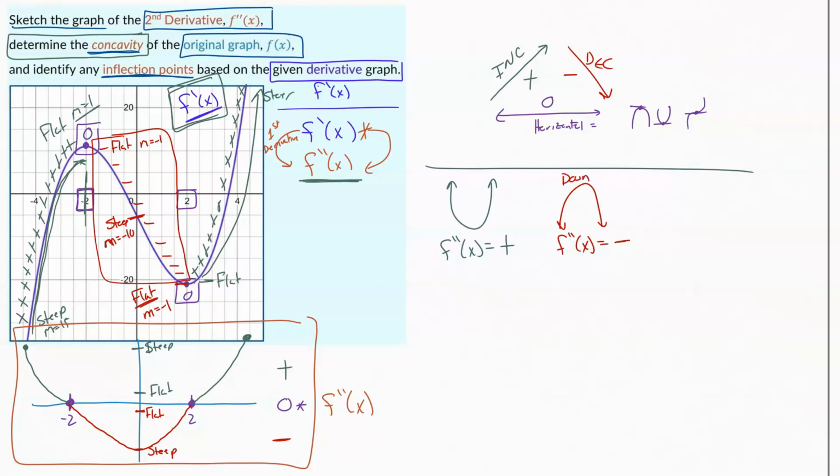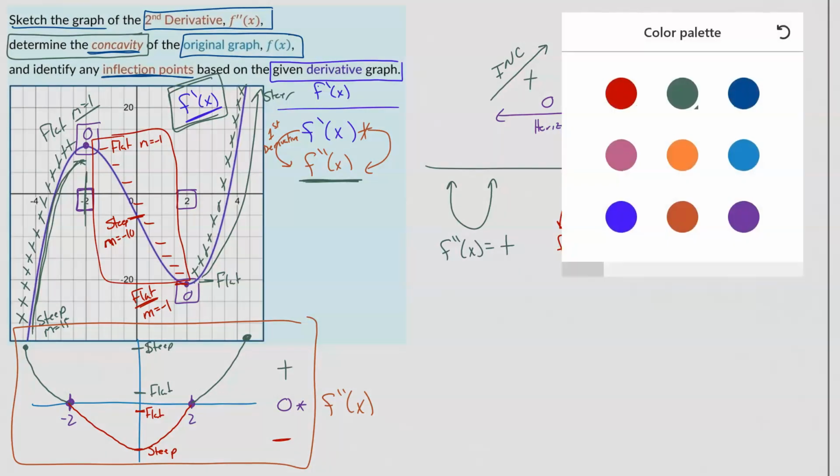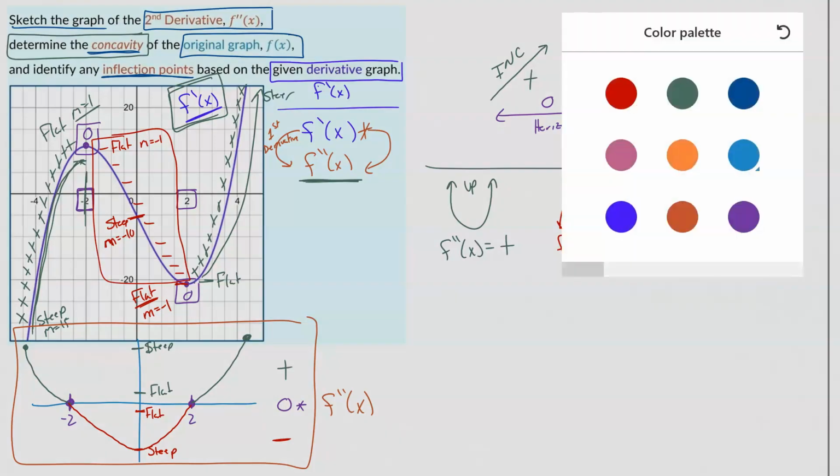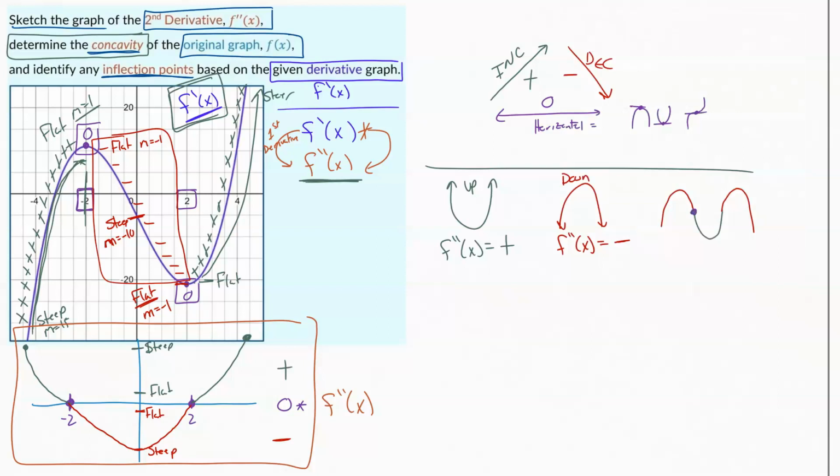And the places where they change concavity, so say it stops being concave down and starts being concave up, or it stops being concave up and starts being concave down, those places where the concavity is changing are our inflection points.